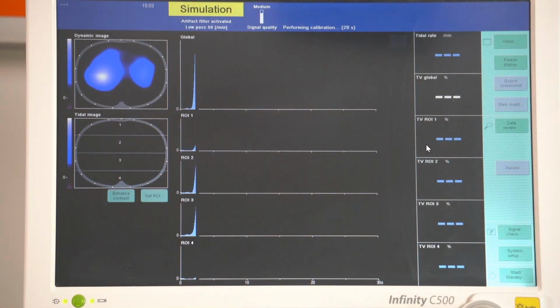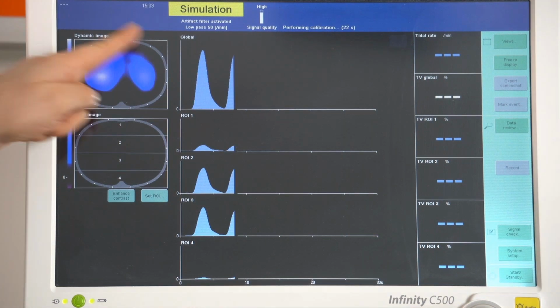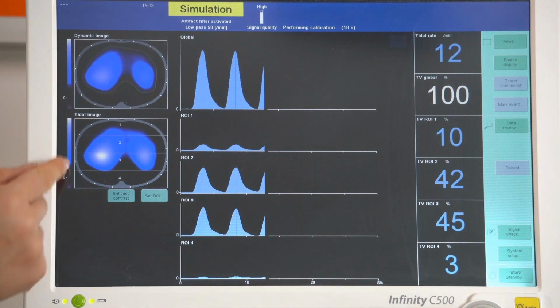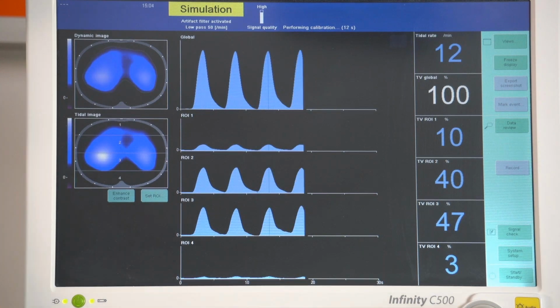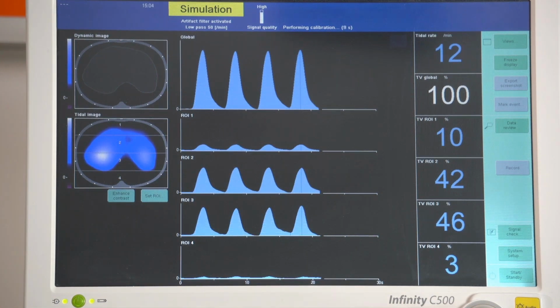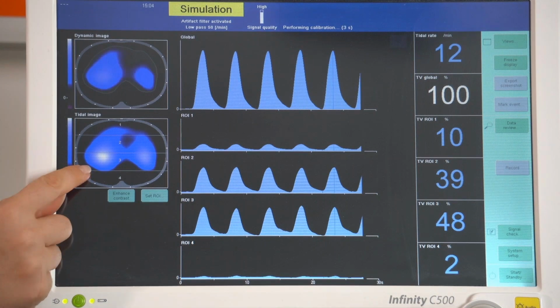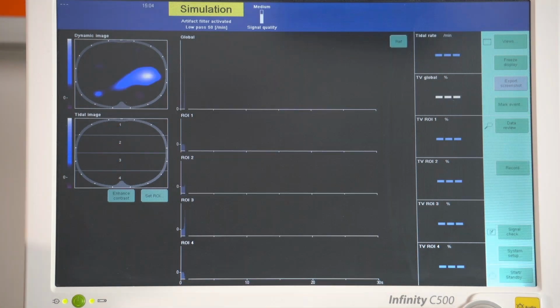What we basically see on the screen is the dynamic image. This is the breath by breath image. We have the tidal image that is showing the ventilation distribution at the end of inspiration. What's interesting is that we already see that there is no ventilation in the region of interest 4. How do we see that?